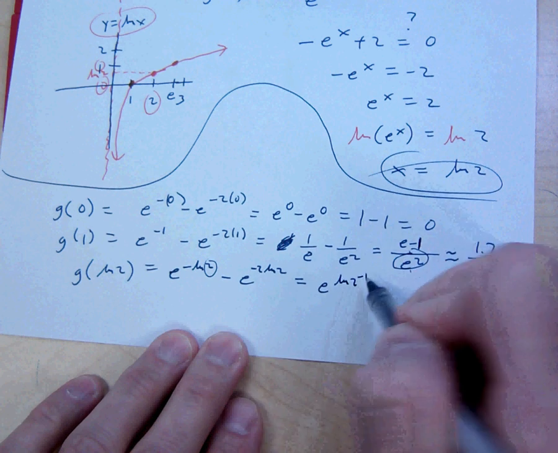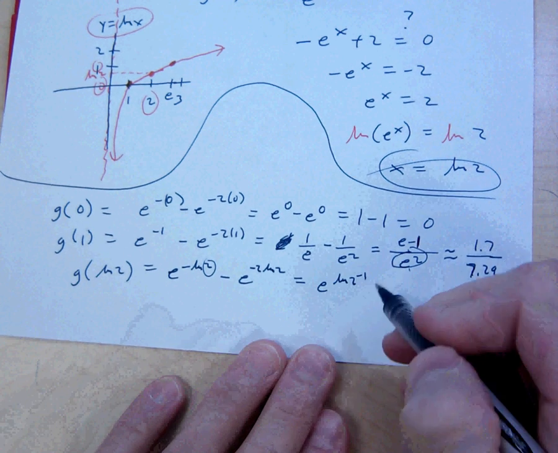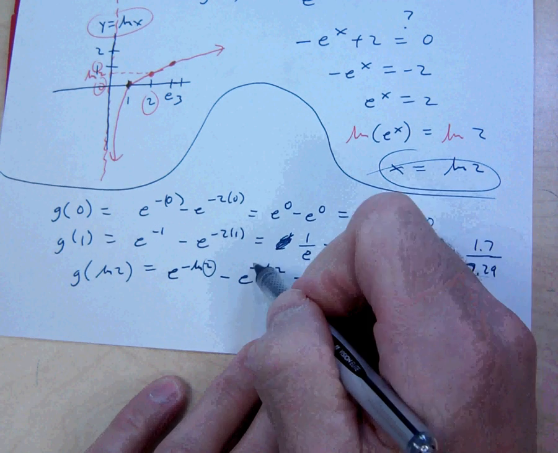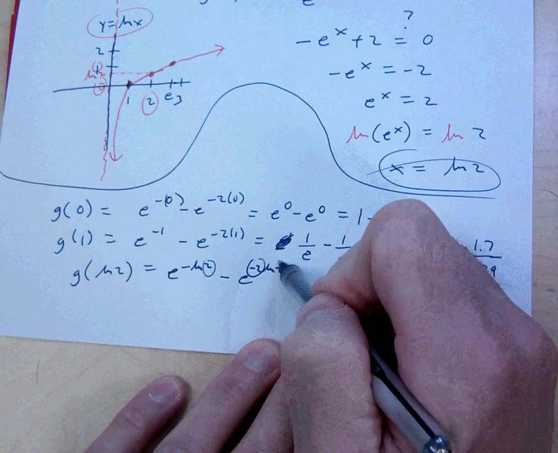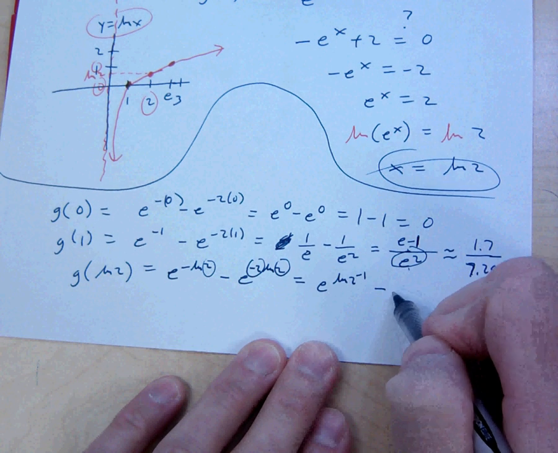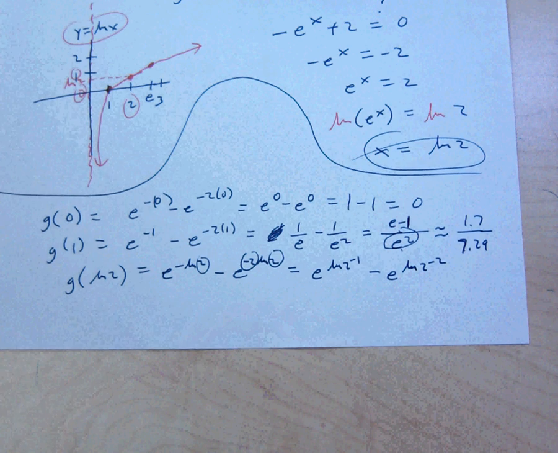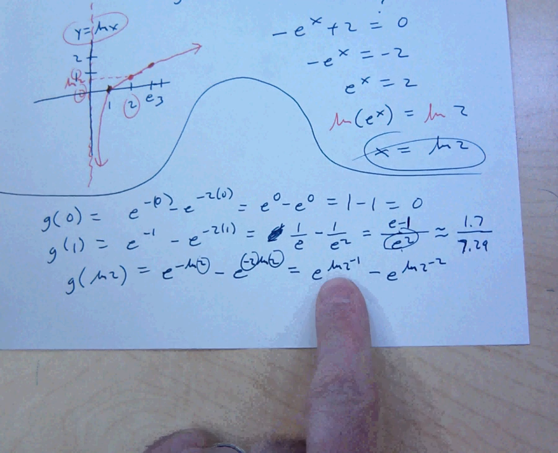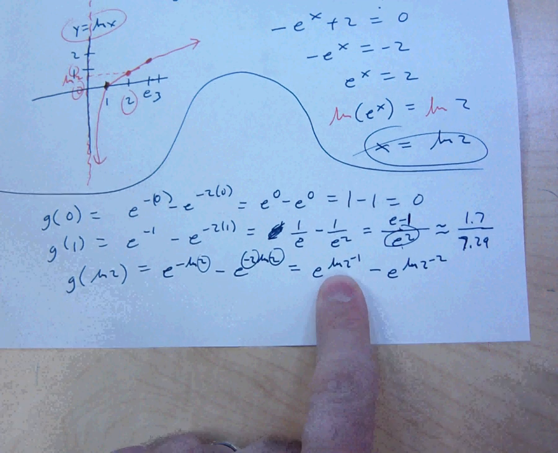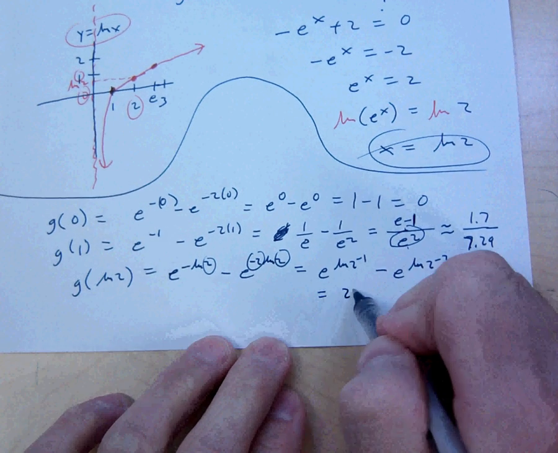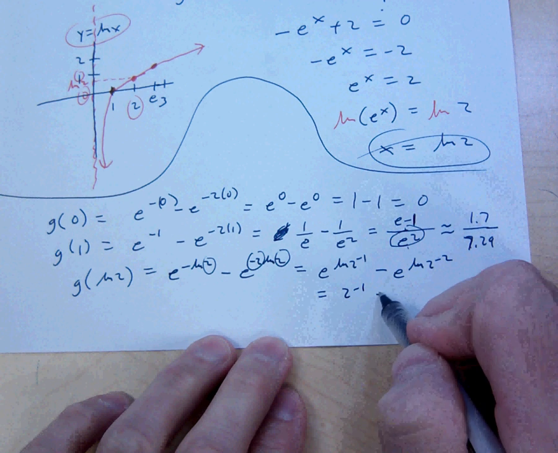Can I do that or not? Sure. Same thing here. You see what I did there? And now, can I drop out the e and the ln? Yes? Same thing here. I can drop out the e and the ln, right, from algebra 2.